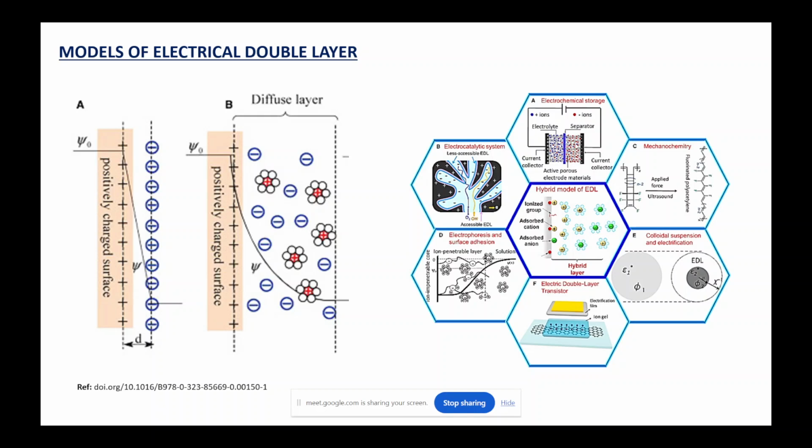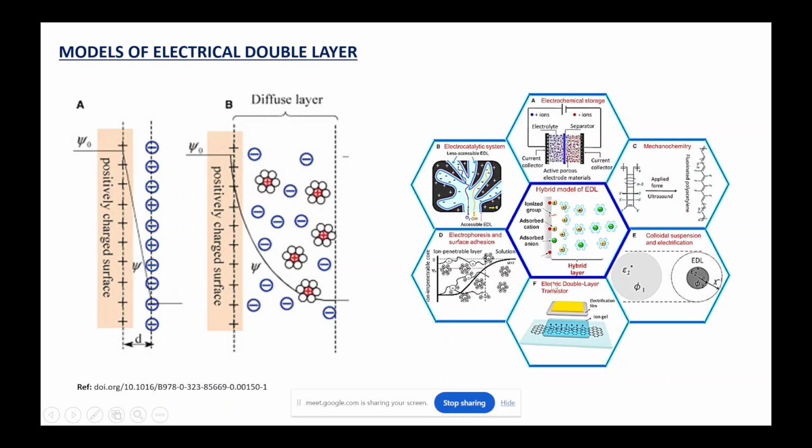After that you have electrical double layer transistors, colloidal suspension and electrification, and then mechanochemistry. So you can see the importance of this concept and how the electrical double layer is exploited and used as a beneficial concept in multiple applications.